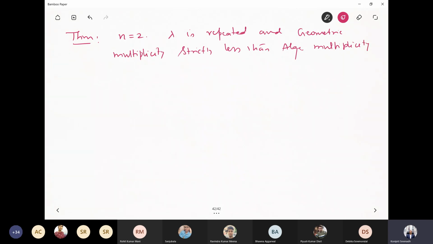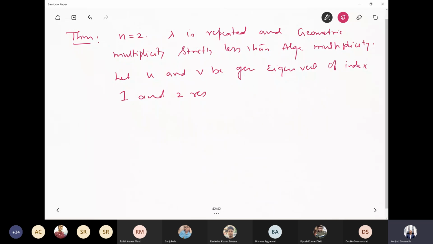then we know that there are generalized eigenvectors, right? And let u and v be generalized eigenvectors of index 1 and 2 respectively.